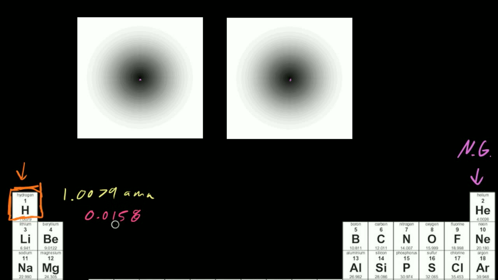About 0.015% of all the hydrogen you find in nature is what's known as deuterium, a hydrogen atom that has both a neutron and a proton in the nucleus. It has one neutron and one proton. But for the vast majority of hydrogen atoms, what is in the nucleus is just one proton.